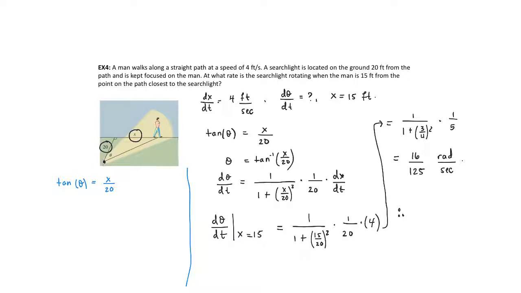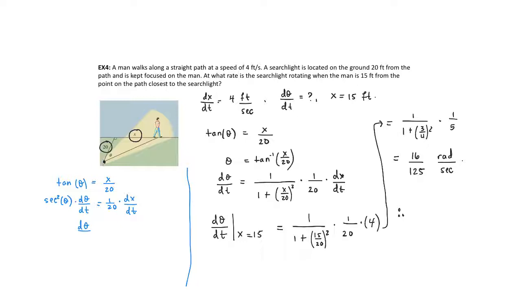So on the left side, the derivative of tangent is secant squared of theta. But remember, theta is a function of t, so times d theta by dt. And then on the right, x is also changing with time, so we differentiate implicitly there as well: 1 over 20 times dx by dt. And then our goal is to isolate d theta by dt.